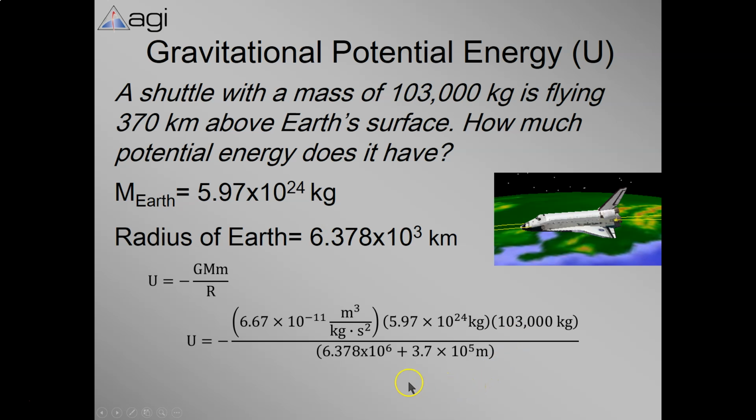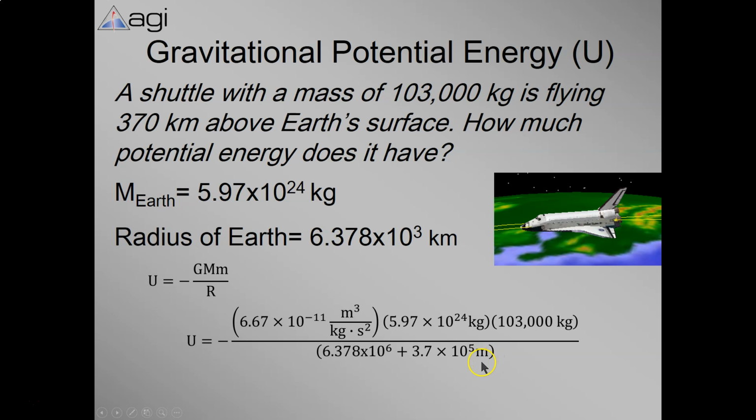Now, here we have a few things. Radius of the Earth, because we need to go from the center of the Earth, so we need to know how big the Earth is, has a radius of around 6,378 kilometers. But we need that to be in meters. So we then turn this into 6.378 times 10 to the 6 meters plus 3.7 times 10 to the 5th meters.